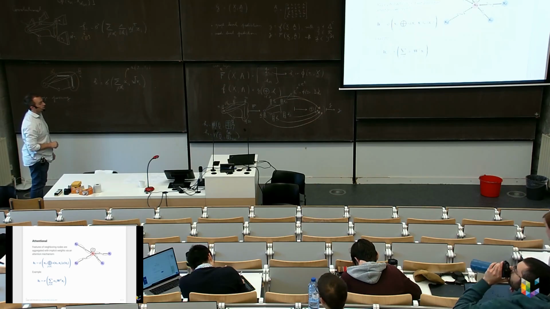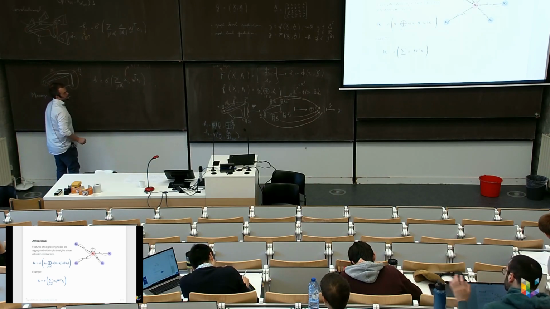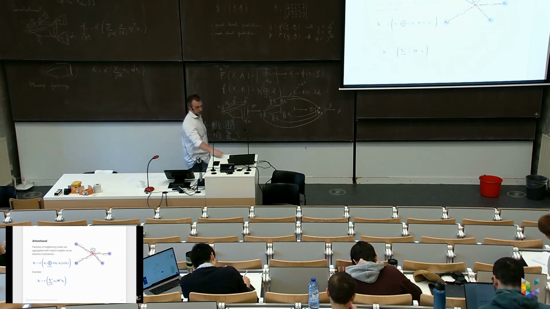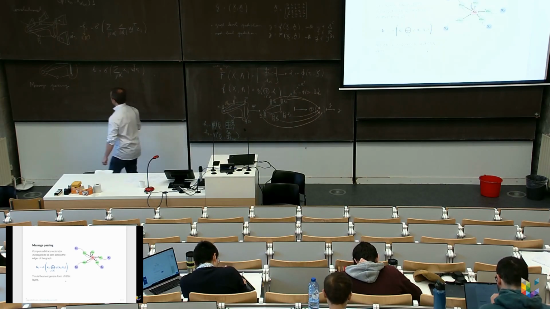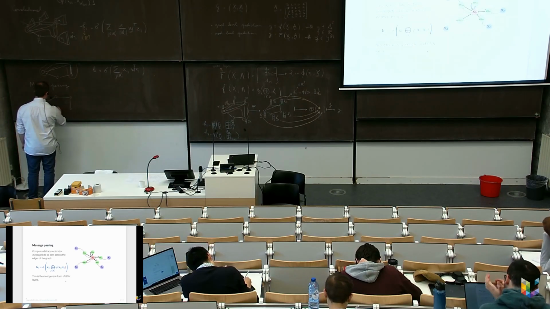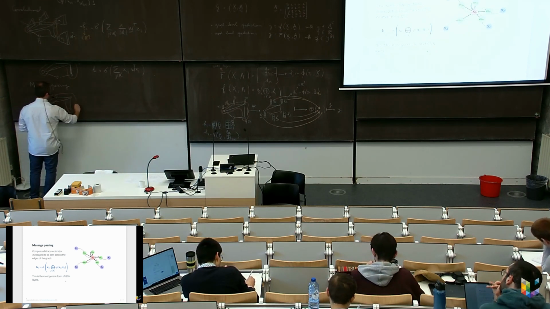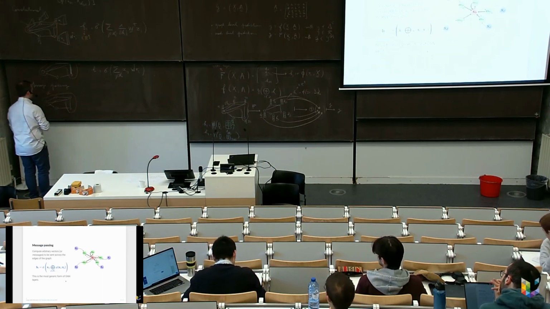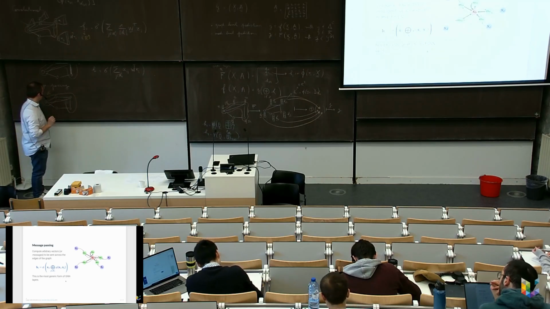Okay. And finally, we have the message passing function, which says that the idea is that we'll be computing so-called messages for each neighbor of node i.